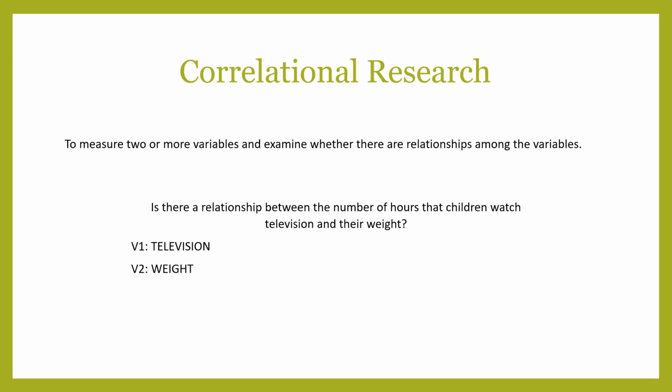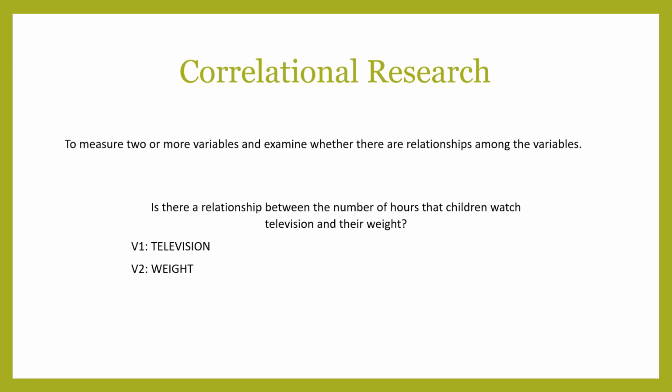And to finish with the types of research, we have correlational research. This type of research is pretty good to measure two or more variables and examine whether there are relationships among the variables. As simple as that.